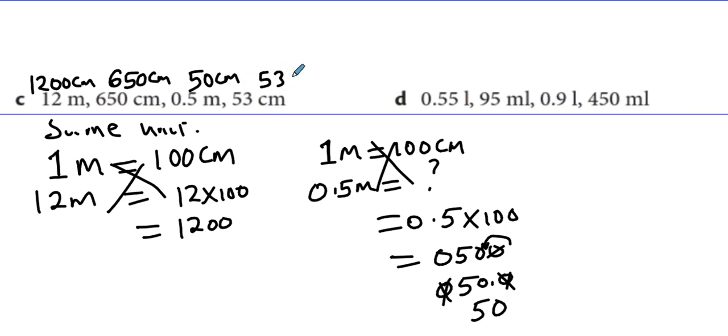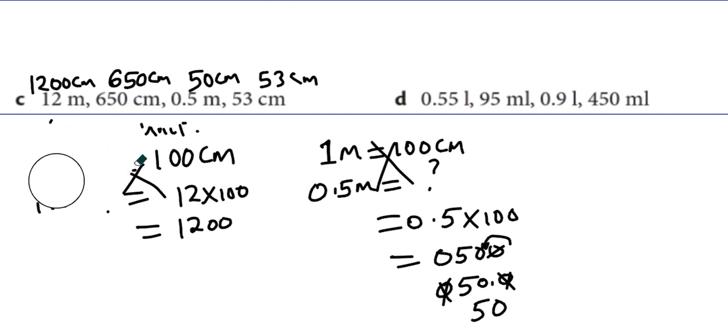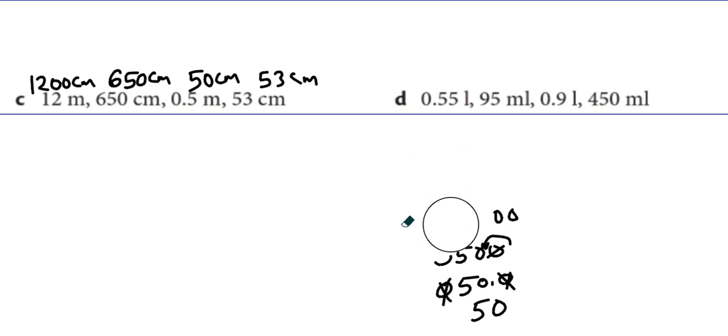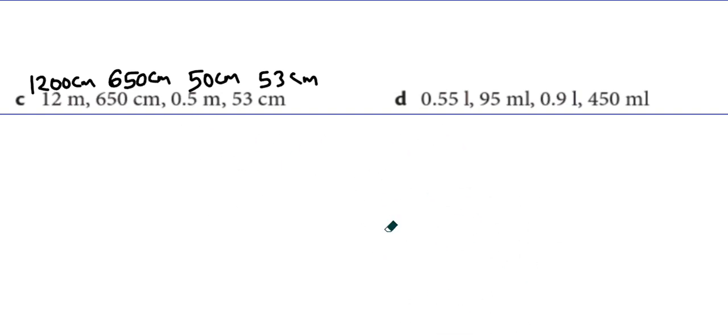Okay, now we are in the position of arranging these measurements from smallest to largest. So the smallest of all will be 50, but initially we were given 0.5 meter. So we write here 0.5 meter and ignore this.